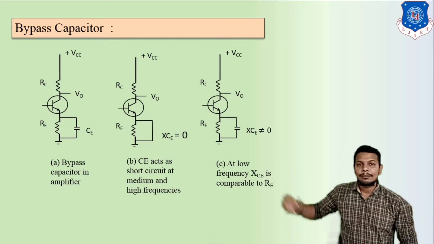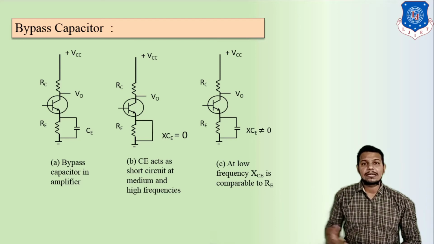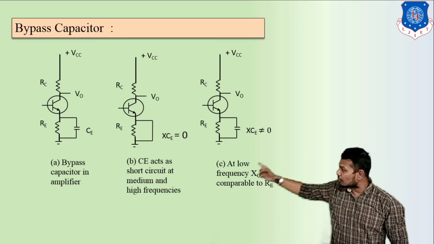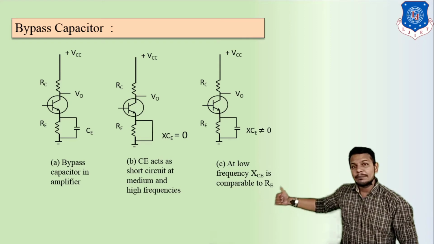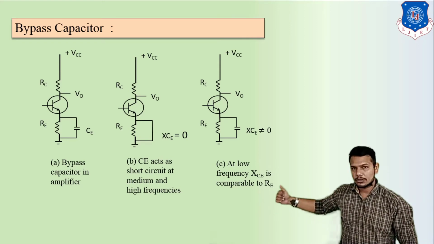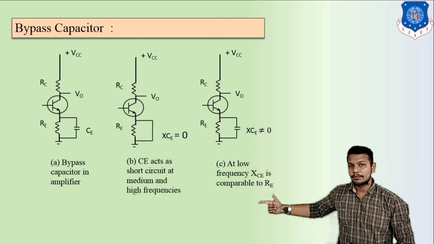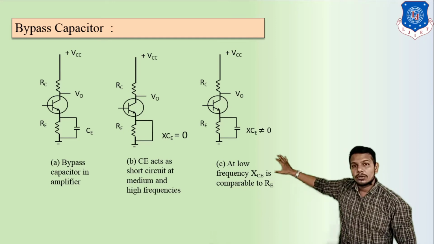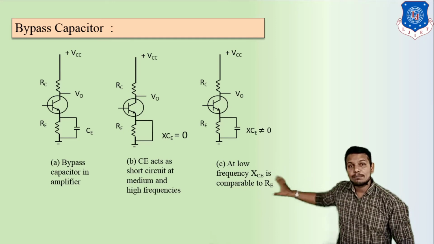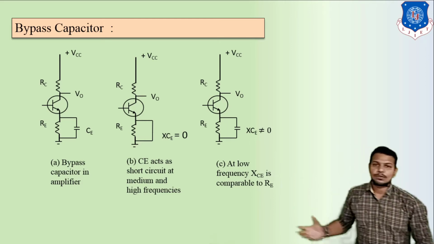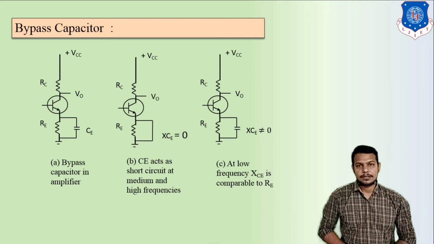So this is the fundamental of the bypass capacitor. Basically current flows through the capacitor at medium and high frequency, so basically the resistor is bypassed. That's why it is known as a bypass capacitor.